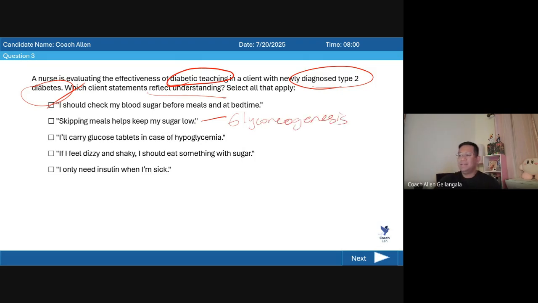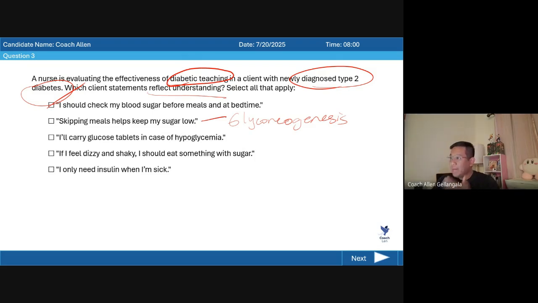Gluconeogenesis. So essentially, your body will be converting proteins into glucose. And now you're going to have another problem, because you have insulin resistance.